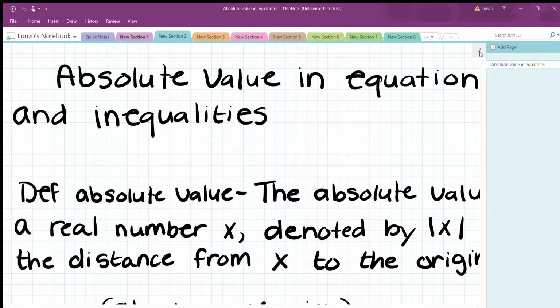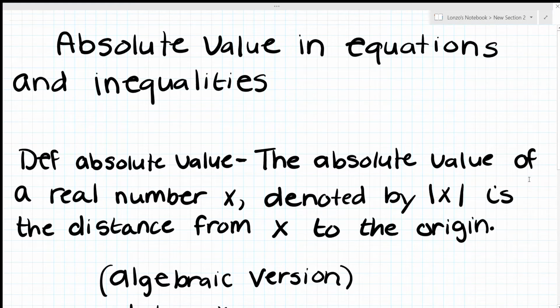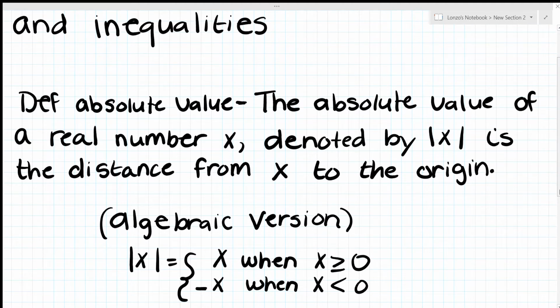So let's go over the definition of absolute value in equations and inequalities. The definition of an absolute value is: the absolute value of a real number x, denoted by |x|, is the distance from x to the origin.